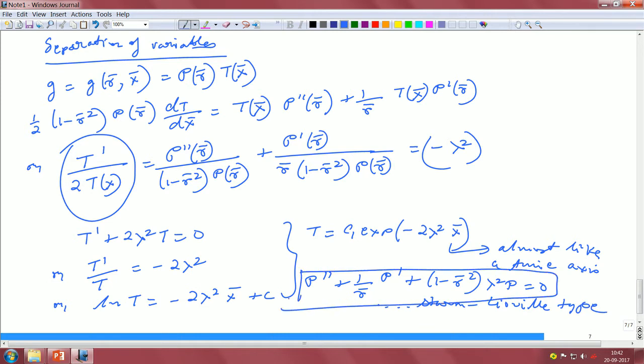So, you understood why we chose minus lambda square for the first part, because otherwise it would have grown exponentially, which is physically not possible. The other part is that it behaves like a time axis. So, that means that this x is almost like a time axis. As x grows, this particular t, this is not temperature, this is basically the actual variation part of the temperature, you can call it that way, that actually shows a decay.